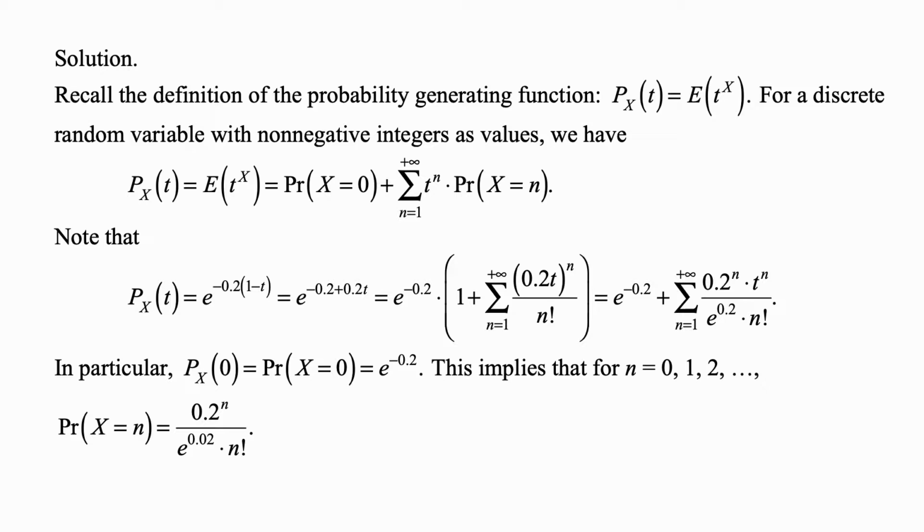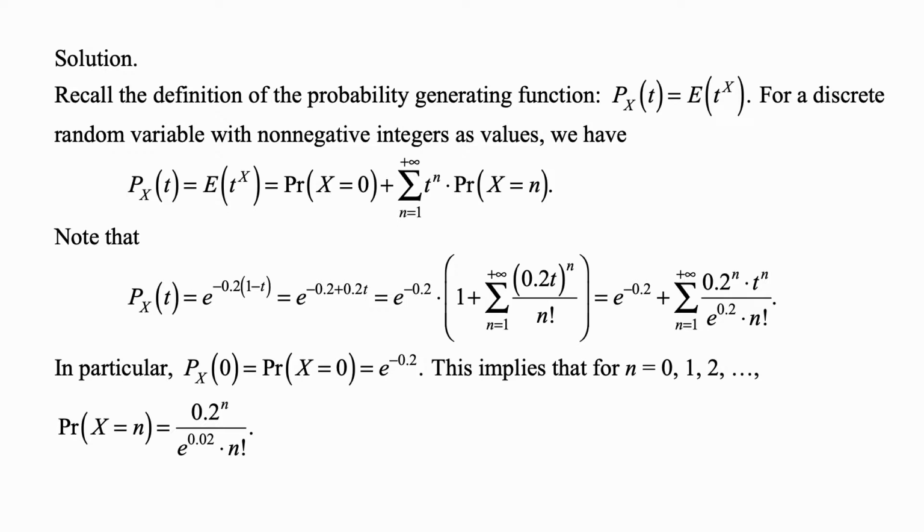And the reason why I separated this probability that X is 0 is because then we have this issue of interpreting the value at t equal 0 of 0 to the power 0. So let's just, of course, note that if t is 0, then 0 to the X is just 0.